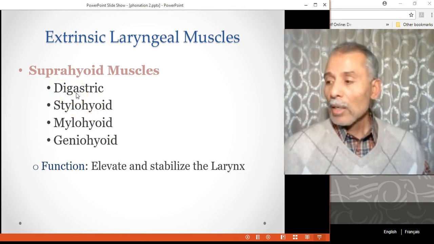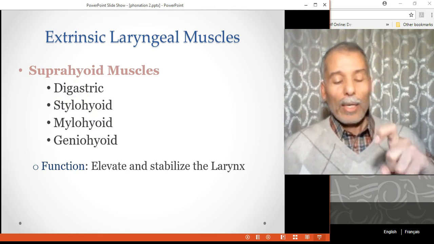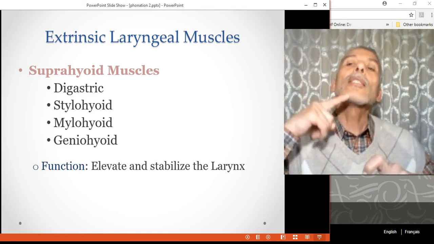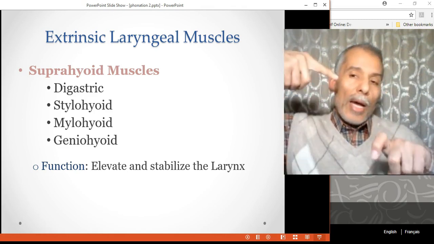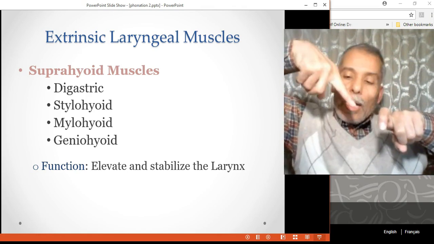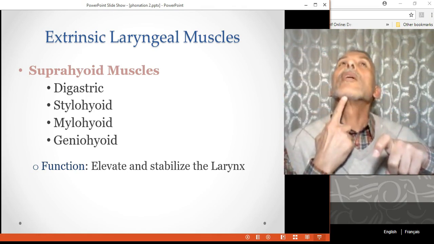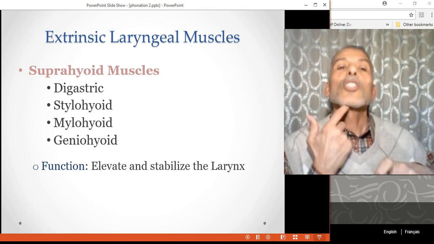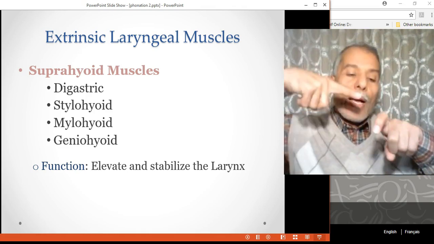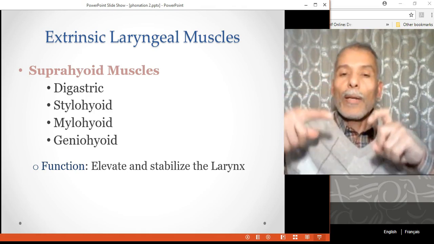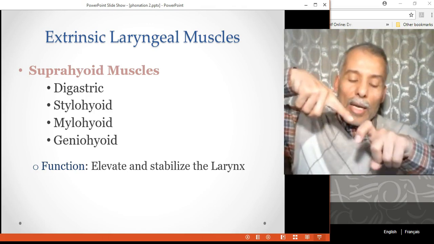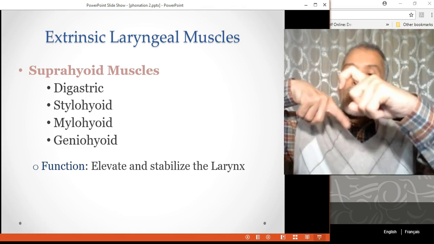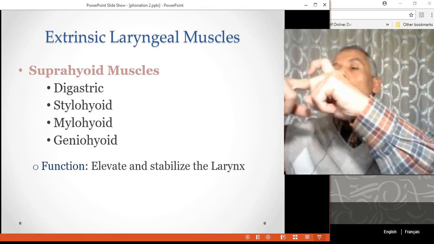The digastric, as I explained again in class, has two bellies, one anterior and one posterior. The anterior belly originates at the inferior anterior margins of the chin bone, and as it comes in close to the hyoid, there is a little tendon, a ligament shaped like a tunnel, opened like a string.